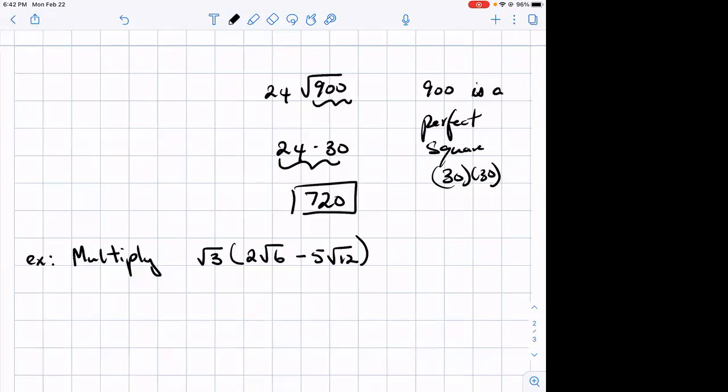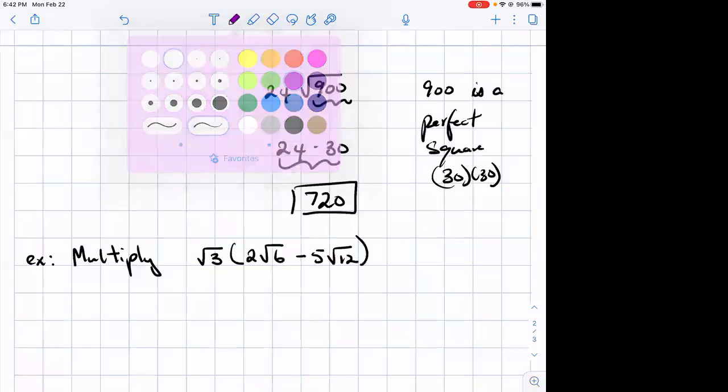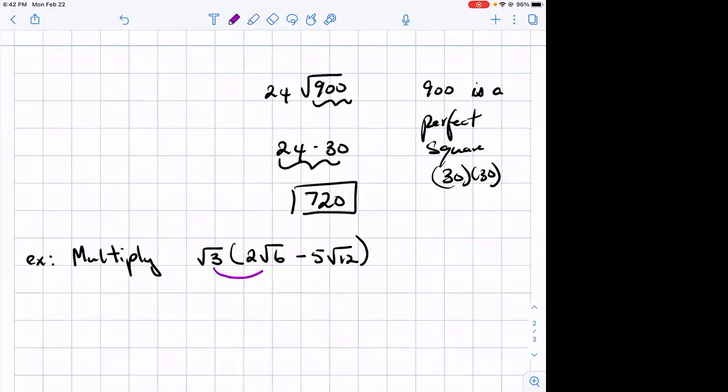We can always use the distributive property, so we distribute this times this, and then this times that.